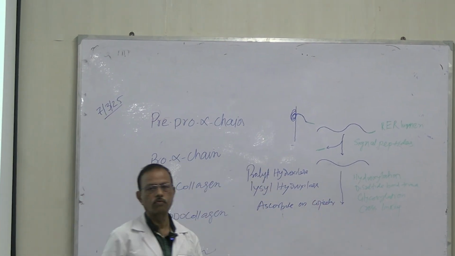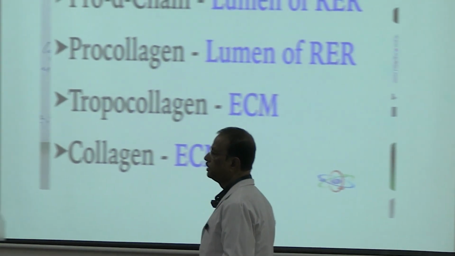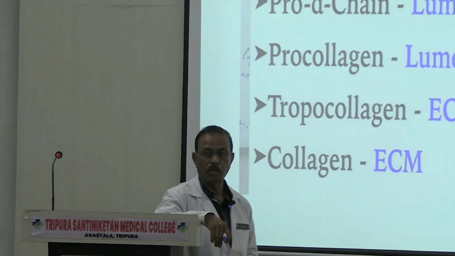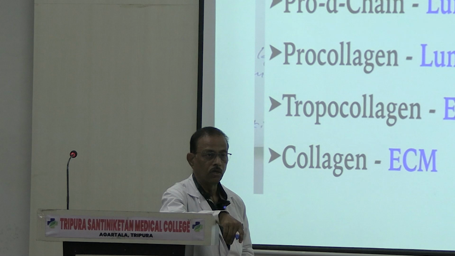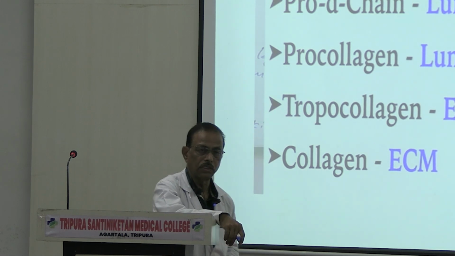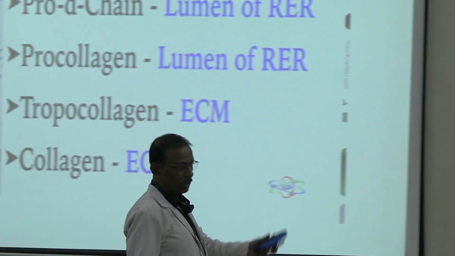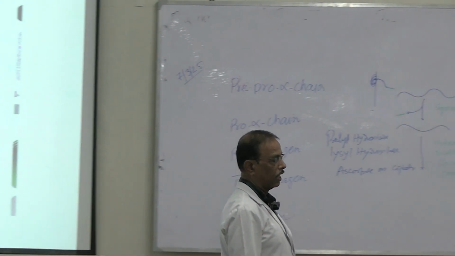So what is the need of hydroxylation? Because to stabilize the triple helix, a lot of hydrogen bond is required. Hydrogen bond can form with an amino acid having a hydroxyl group. So there is extra hydroxylation of proline and lysine.